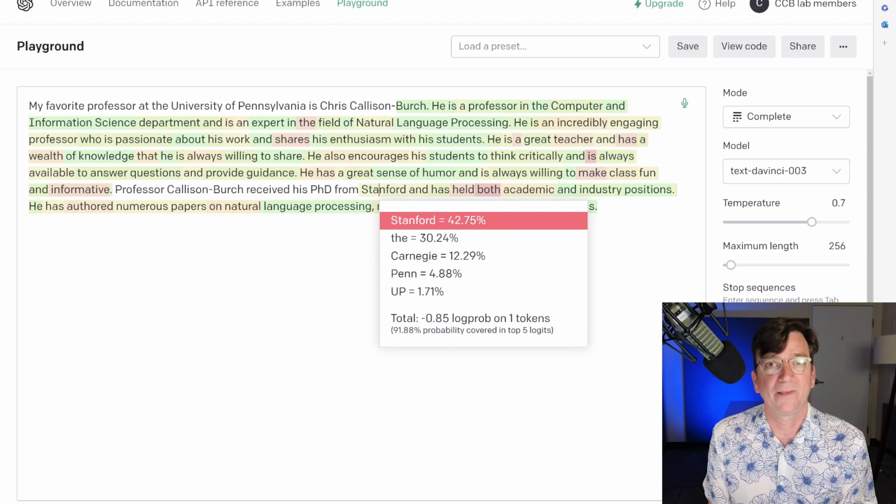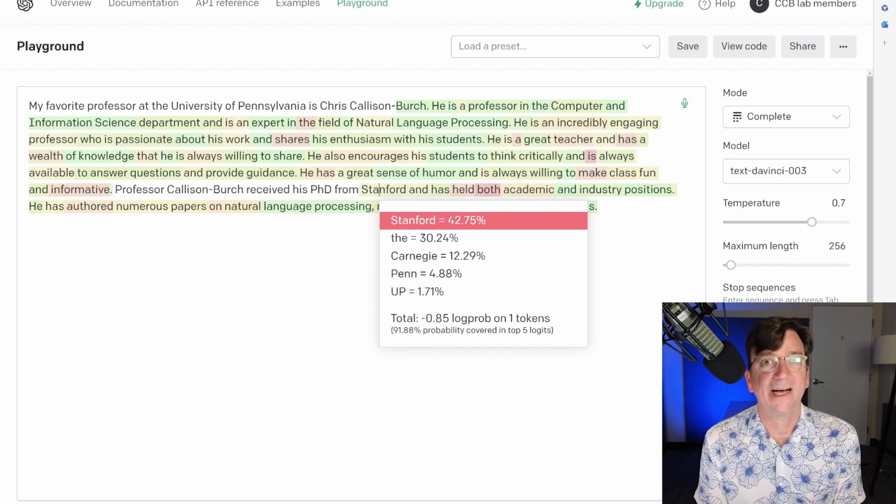So this, I think, highlights one of the really important things to keep in mind about these models, and that's that at the moment, there's no guarantee of factuality in what they're generating. The output is really just, I'm sampling words from a vocabulary according to the probability distributions that this language model has learned.